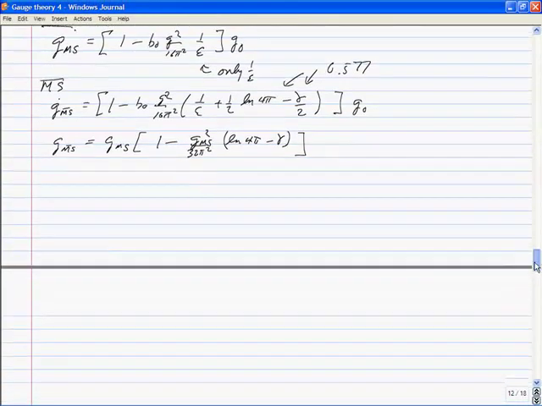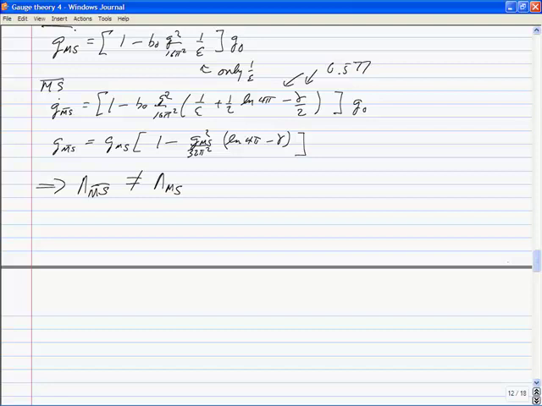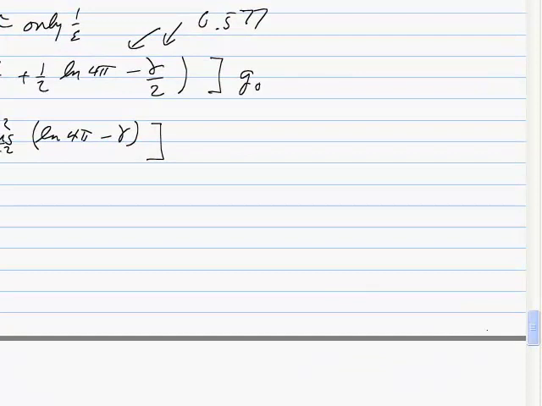So this tells you that you have to even specify the scheme. Lambda MS bar is not equal to lambda MS. They can't be the same number. So you're then required to tell us both the scheme and the number of fermions that you're working with.